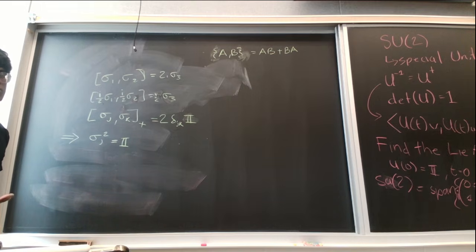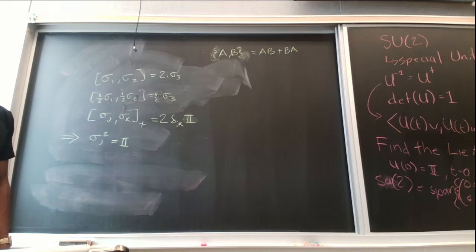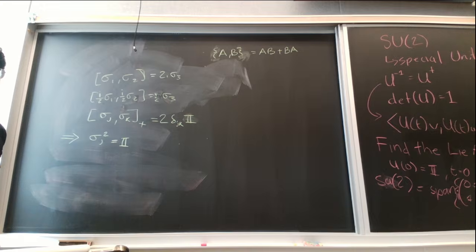That's a useful idea, where instead of telling you what the Lie group is and what the Lie algebra is, you go the other way. You tell me a vector space, some basis elements, and the commutator between all of them, and then you construct everything.